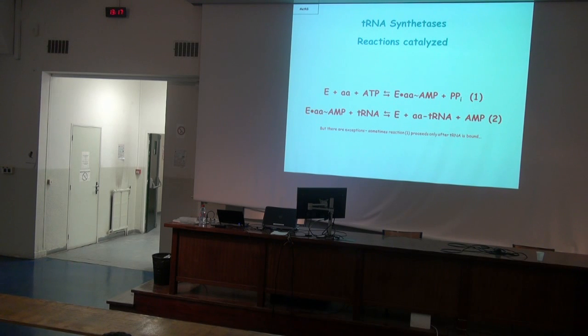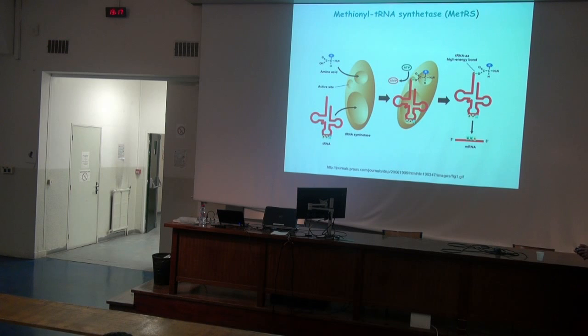a reaction with tRNA. In a picture that's easier in a certain way, so the amino acid binds here, and here's the active site, and here we have then, by action of ATP hydrolysis, an amino acid coupled to the 2' or 3' hydroxyl of ribose at the end of the tRNA.